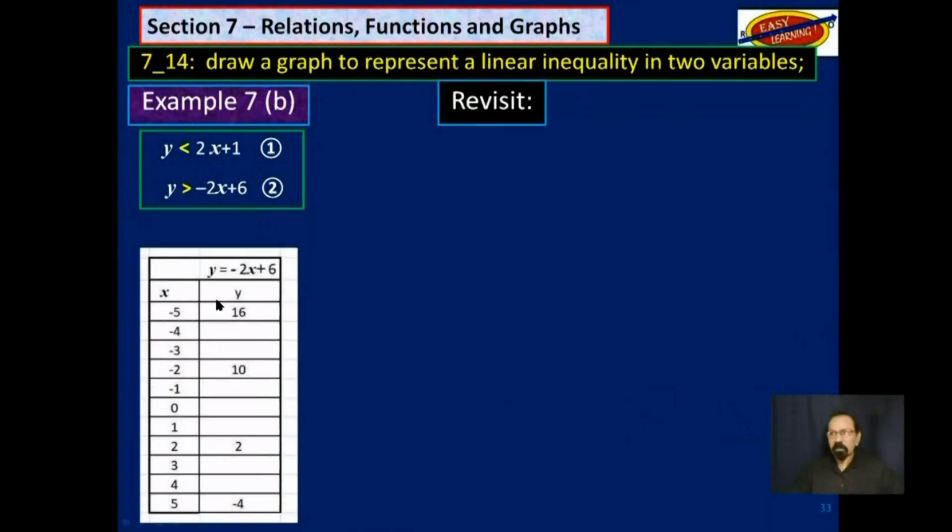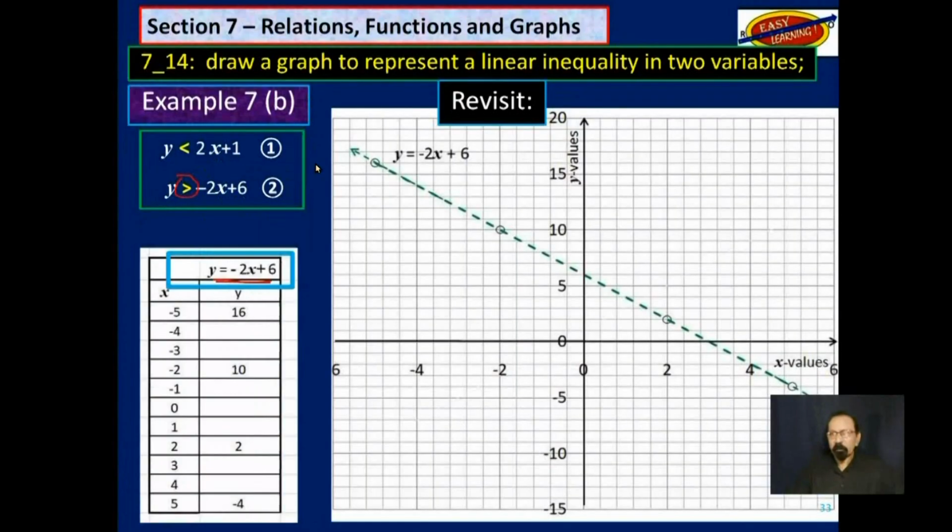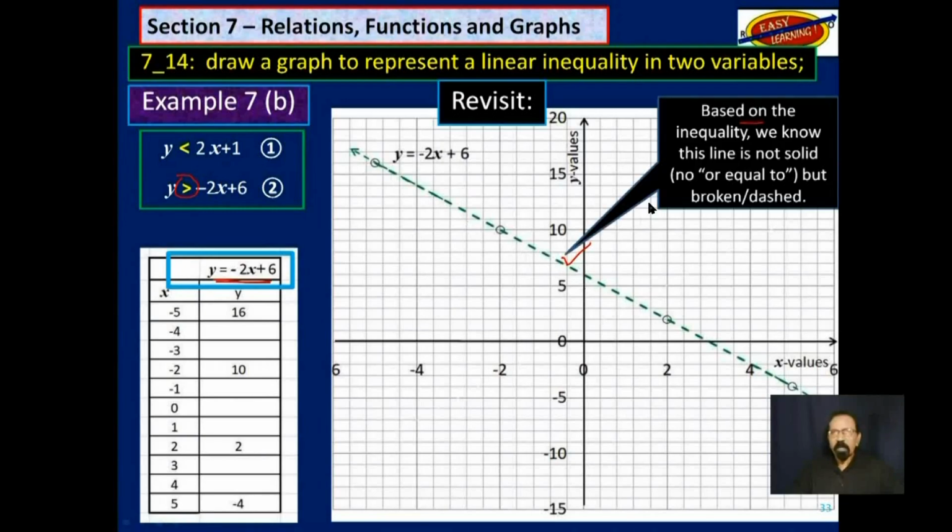Now let's consider the other inequality. We know it's an inequality, so we can begin now with the broken line, the dashed line, because that line is not included in the solution. Based on the inequality, we know this line is not a solid line because there is no or equal to. So it is a broken line.